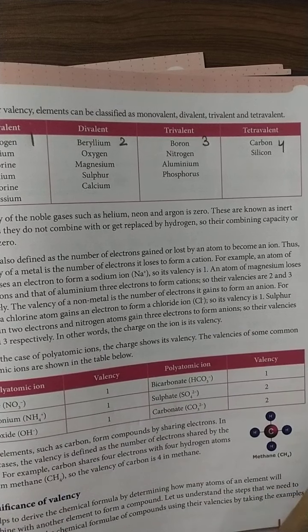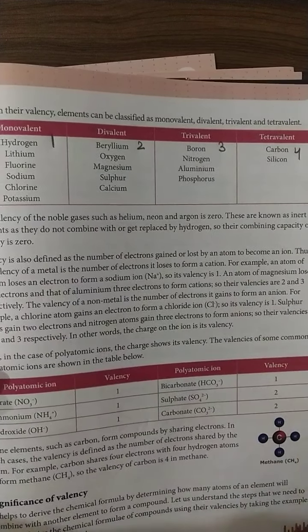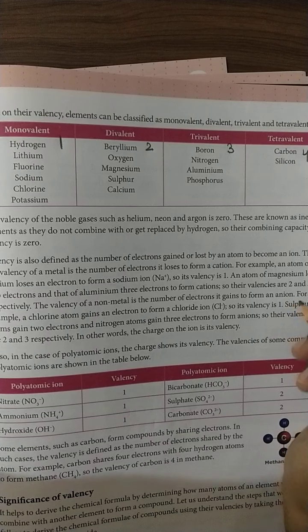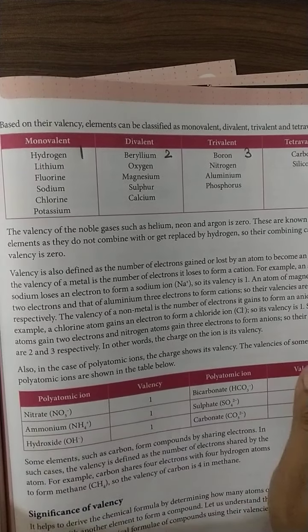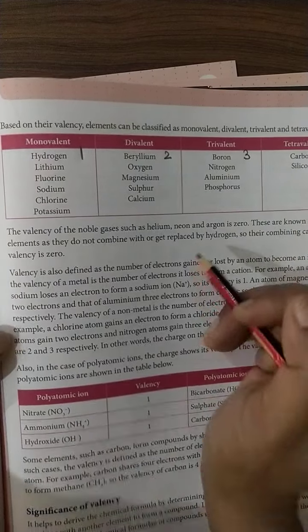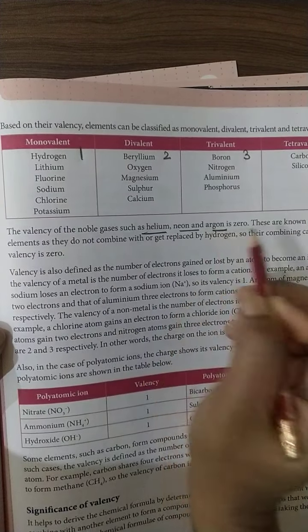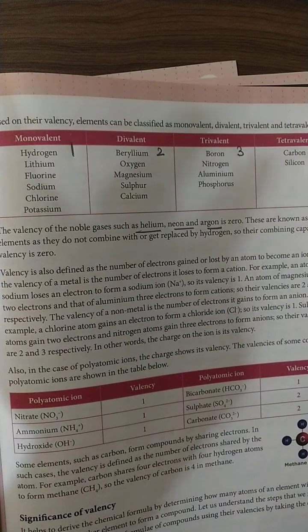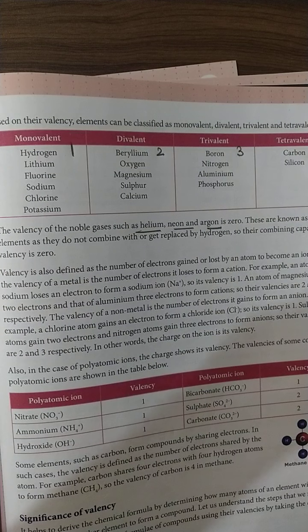Now in the periodic table, we have a group that is not taking part in any chemical reaction. For example, helium, neon, argon, these are the elements, they don't participate in the donation or accepting of electrons. Why?